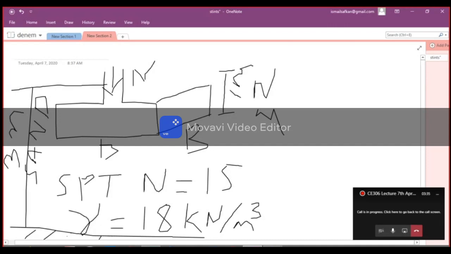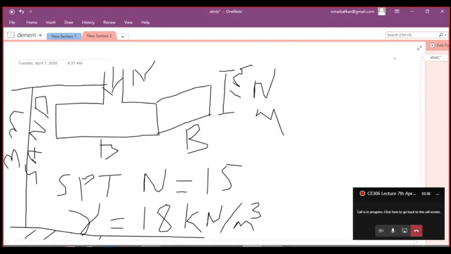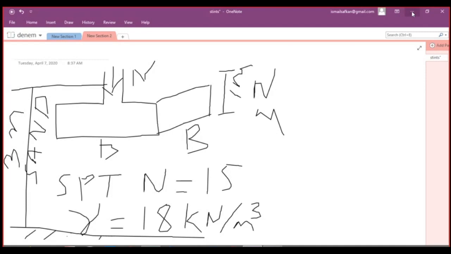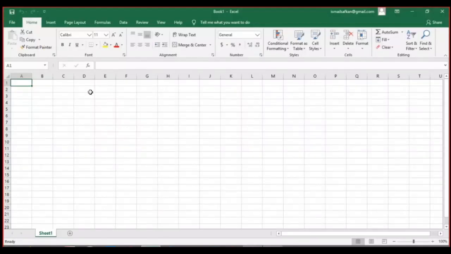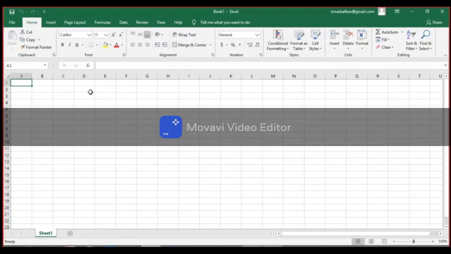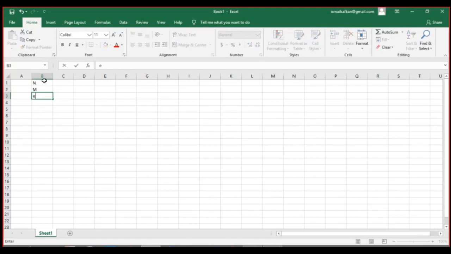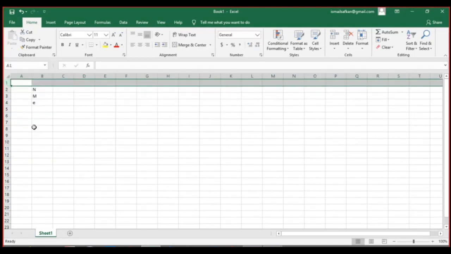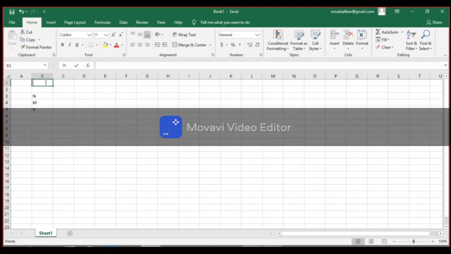So by considering this, we will utilize the Excel sheet. And we will set all our properties here. So let's start with M, eccentricity E. Let's say this is the applied zone, applied actions.